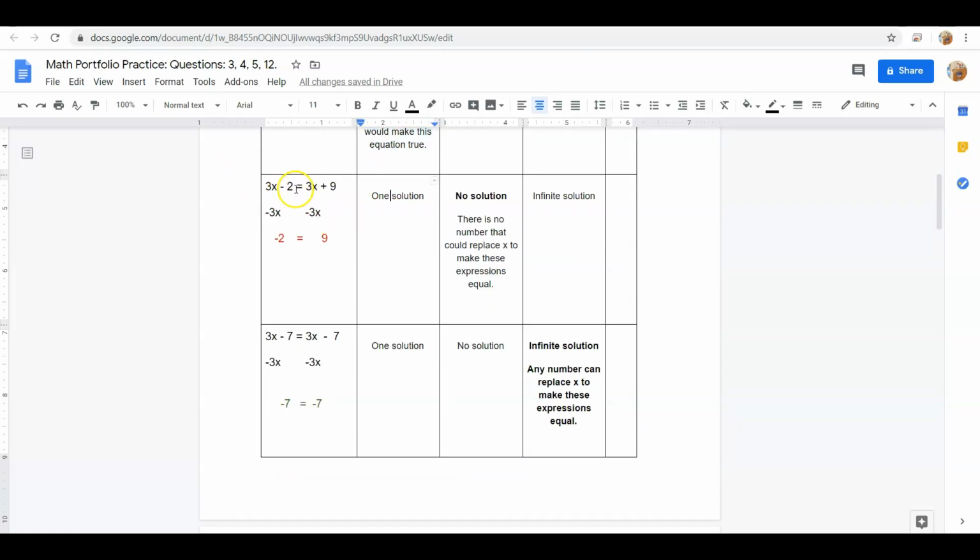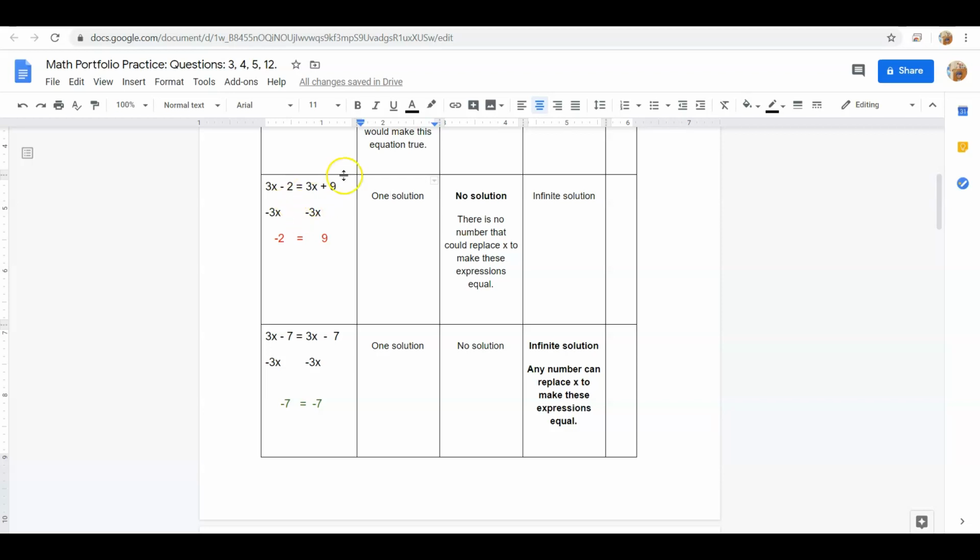3x minus 2 equals 3x plus 9. When you have variables on both sides, you should use the smaller value and eliminate it. What that'll do is ensure that you only have a variable on one side. And when you eliminate the smaller one, you could still have the other one on the other side remain.